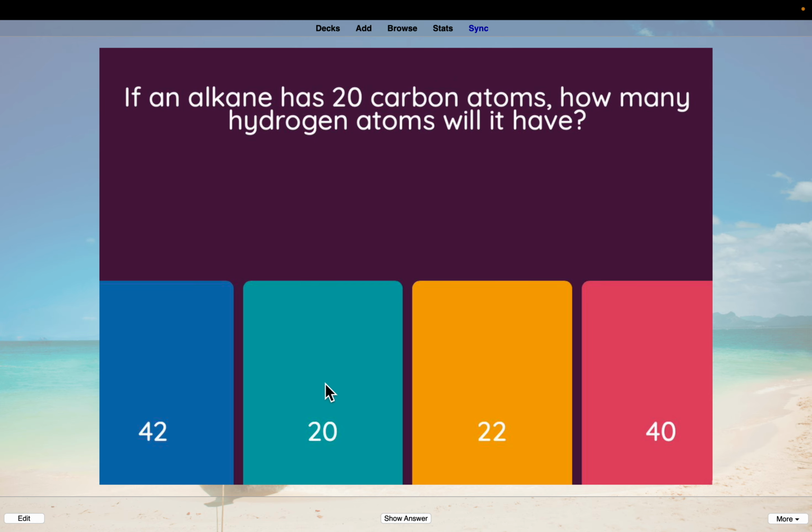But definitely, the number of hydrogen atoms cannot be equal to the number of carbon atoms in this scenario. So 20 is wrong. 22, nope, I don't think so. It's either 40 or 42. They're very close numbers.